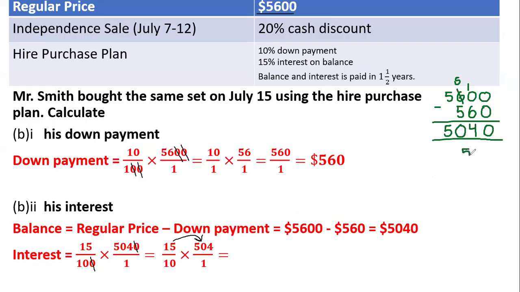504 multiplied by 15. 5 times 4 is 20. Put the 0 down, put the 2 above. 5 times 0 is 0 plus 2 is 2. 5 times 5 is 25.